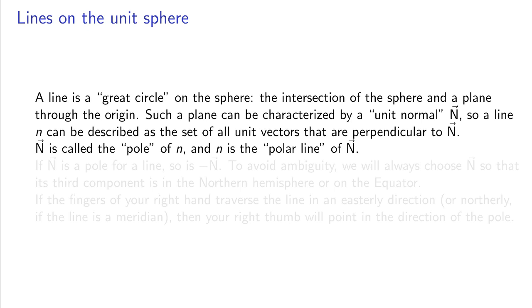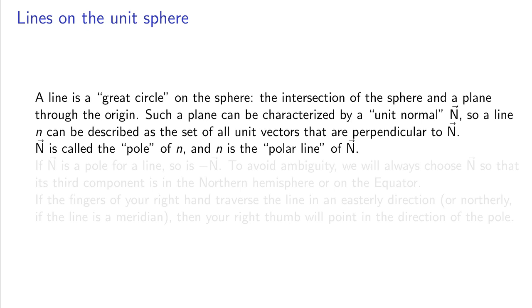What about lines? Well, as I said, a line is a great circle on the sphere. You can think of it as the intersection of the sphere with a plane through the origin, through the center of the Earth. Given any such plane, you can construct a vector perpendicular to the plane.